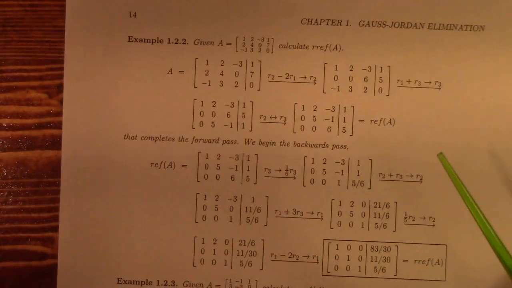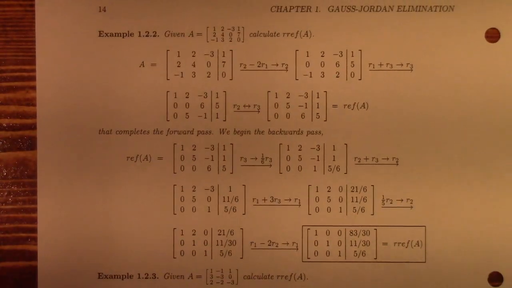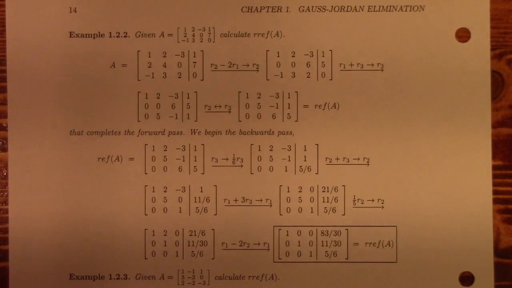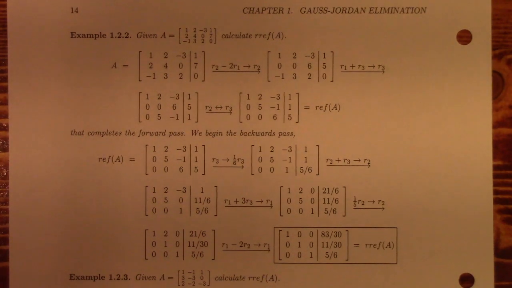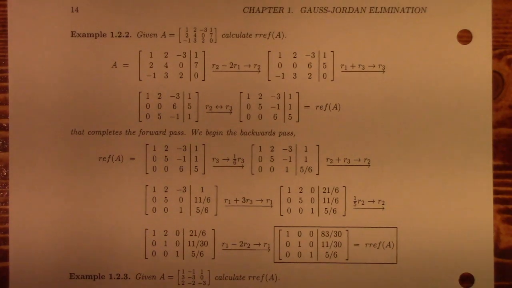So I'll let you read that, but it basically just says what I've said in words, which is try to make your pivot position as far to the left as you can. Swap rows if you need to make it go up to the top row in the matrix. Clear things out below that, and then go on to the next column. If possible, you go on to the next non-zero column.